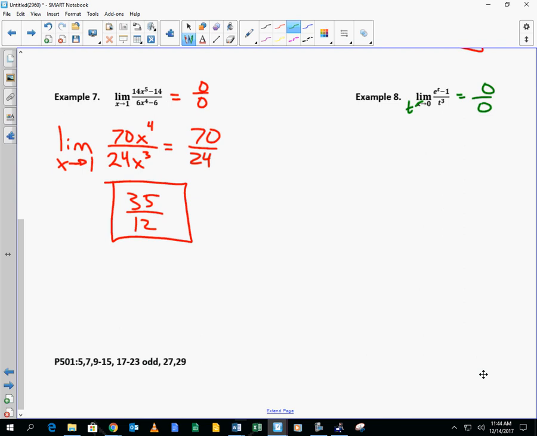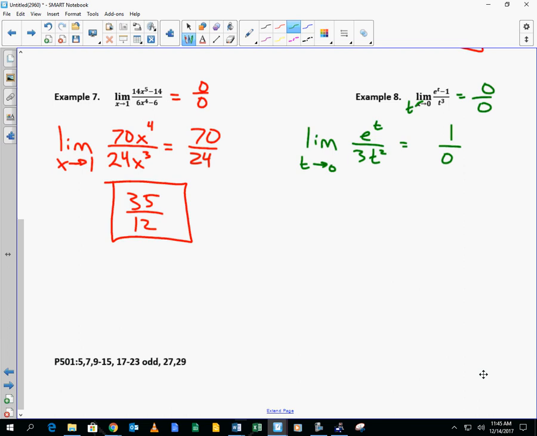Go L'Hopital. Derivative of the top. Derivative of the bottom. Plug in 0, you get? No. You have 1 over 0. Is that an indeterminate form?